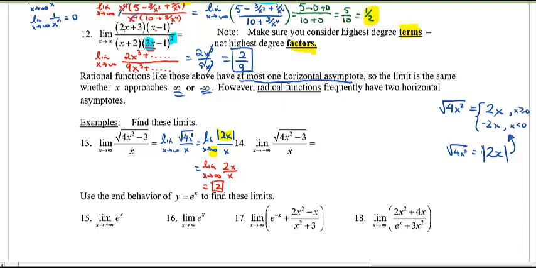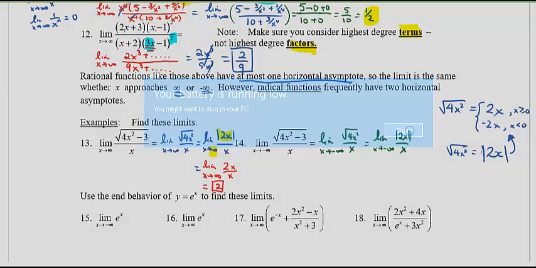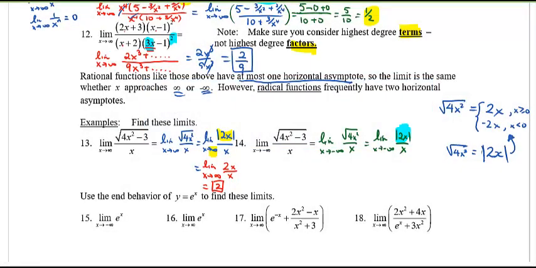Yet for number 14, hopefully you can see what's going on now. Same business for the first part. This still equals the absolute value. But now the question is, what do I replace the absolute value with? Yes, I replace it with negative 2x.